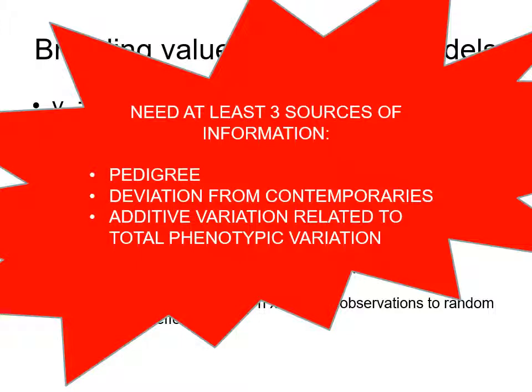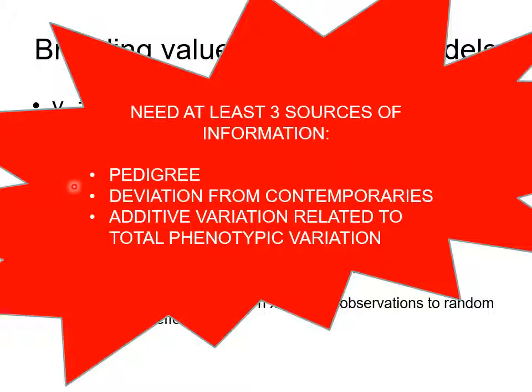So basically, to enable us to calculate breeding values, we need 3 sources of information. At the very basic level of genetic merit prediction, or the genetic breeding values of animals, we need 3 sources of information. The first source is the pedigree of the animal. Why the pedigree? Because we know that the whole genome of each animal is a result of what it gets from its parents.